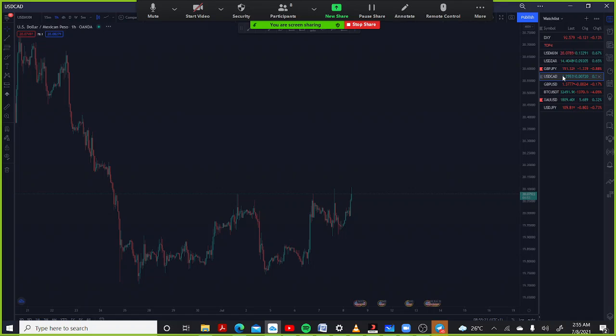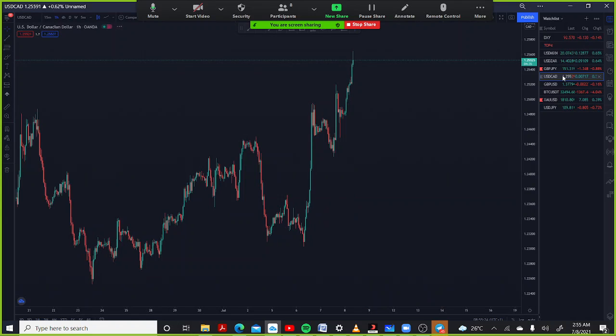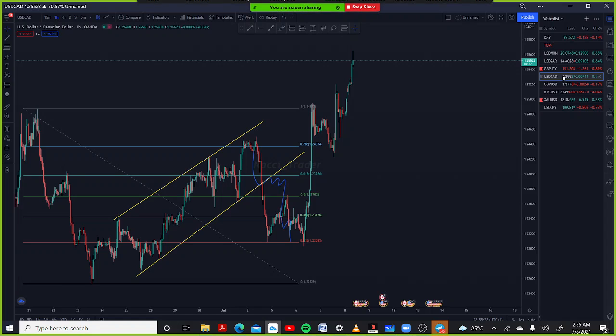Before you analyze any pair that has the dollar index, it's very advisable that you analyze the dollar index first, so as to save you drawdowns and losses.